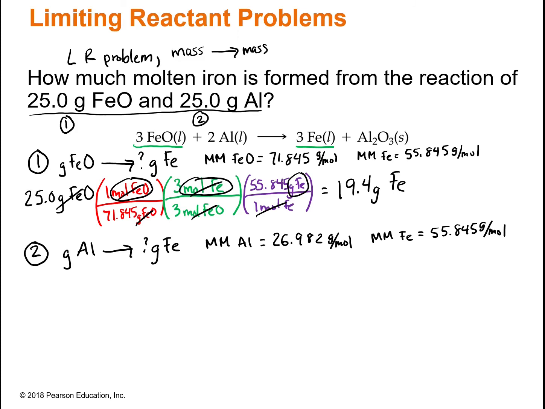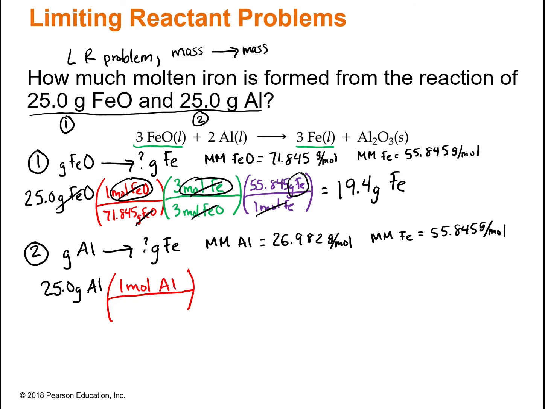Now we set up our equation just like we did before, only instead of iron 2 oxide, it's aluminum. Molar mass is first.